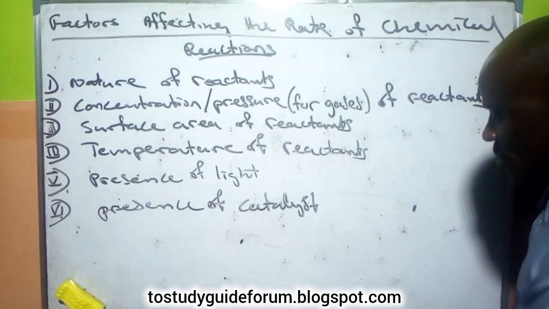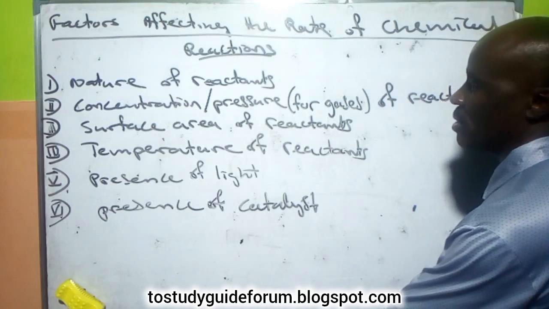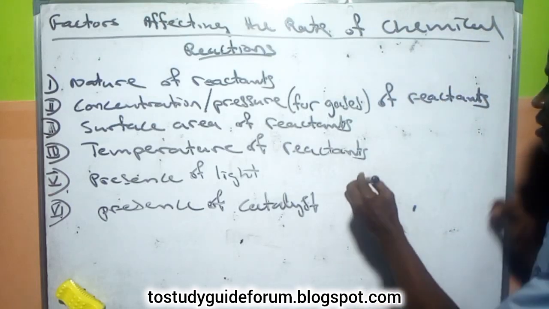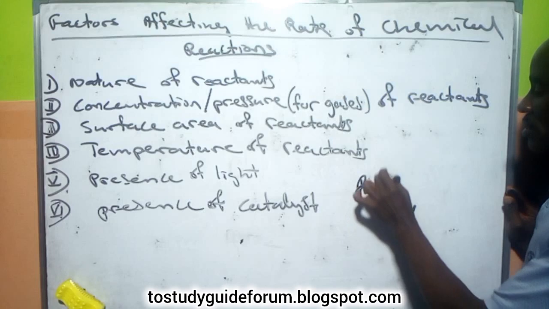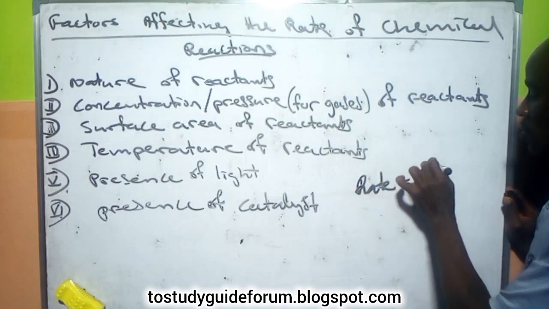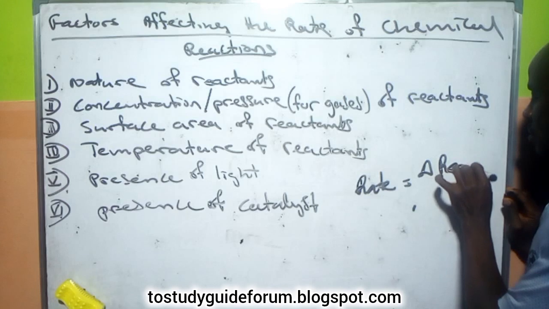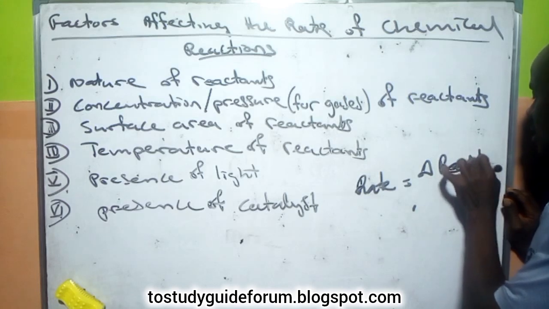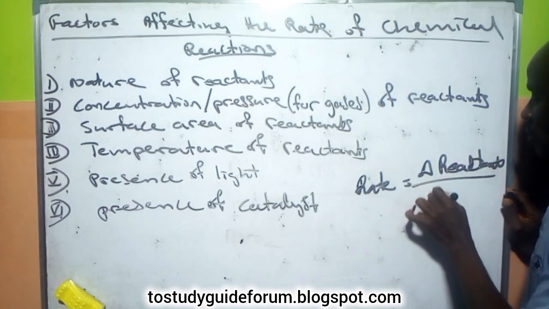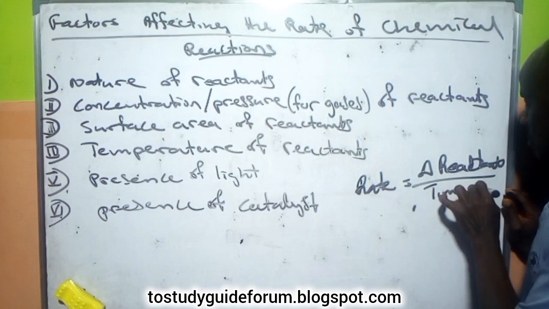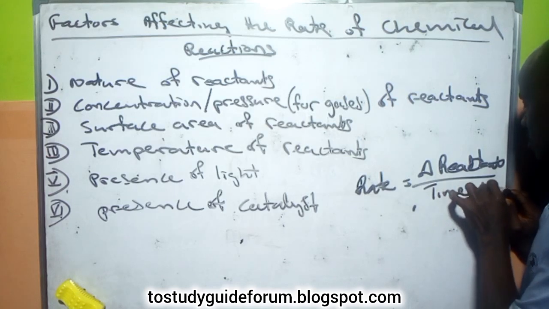And the rate of chemical reaction can be calculated by this formula: rate equals change in reactants, that's quantity of the reactant, over time taken.